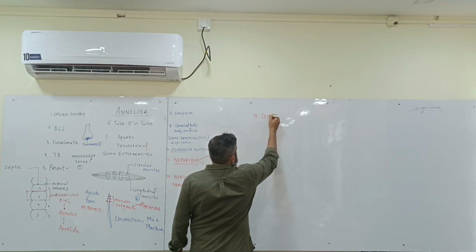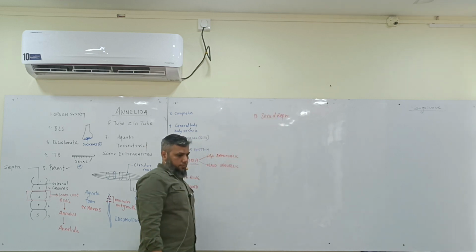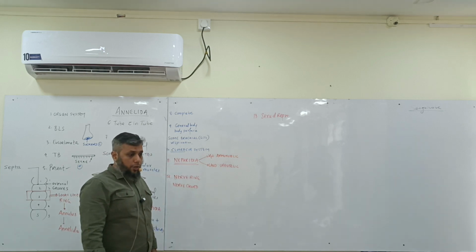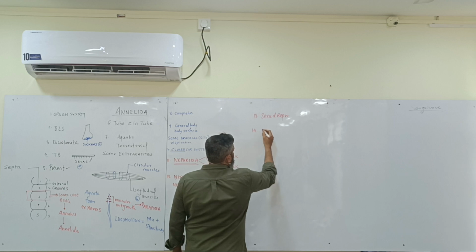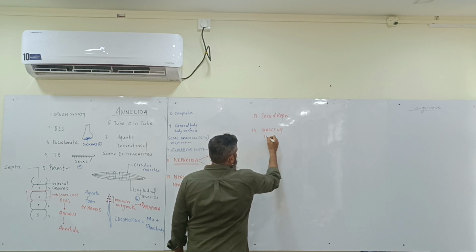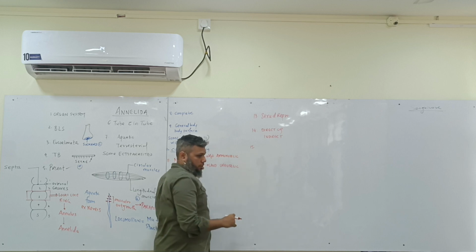Reproduction. They show which reproduction? Sexual reproduction. What's the next point? Development. It can either be direct or it can be indirect. What is the 15th point? Fertilization.